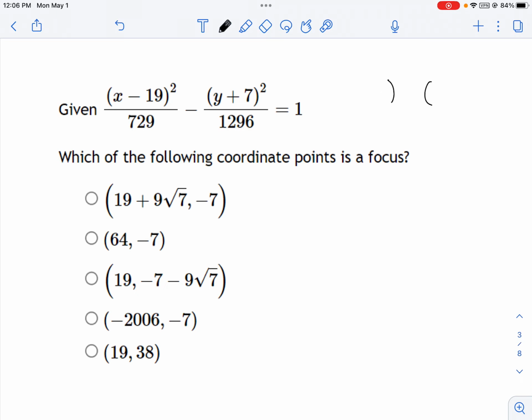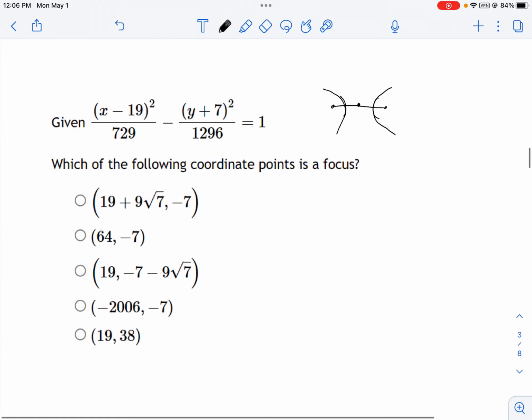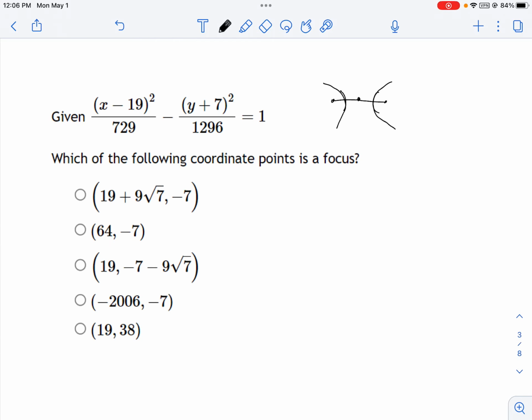We need to know that because the focus points for any hyperbola are going to be in the direction of opening of the two curves of the hyperbola. So now we know that we're going to be adding the c value, the distance from our center to our focus points, horizontally to our h value instead of the k value.